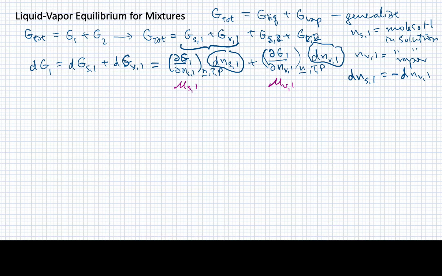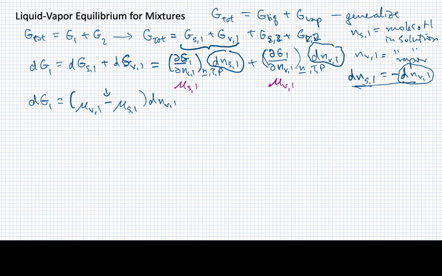So now, if I want to write my total Gibbs energy change for component 1 and I substitute these things in, it's simply the chemical potential in the vapor phase minus the chemical potential in the solution phase times the change in the number of moles in the vapor phase. Now, what I've done is I've used this relationship to write everything in terms of the change in the number of moles in the vapor phase. Since the solution phase is the negative of that, that's why I get the negative sign here. And so it's a difference between these two.